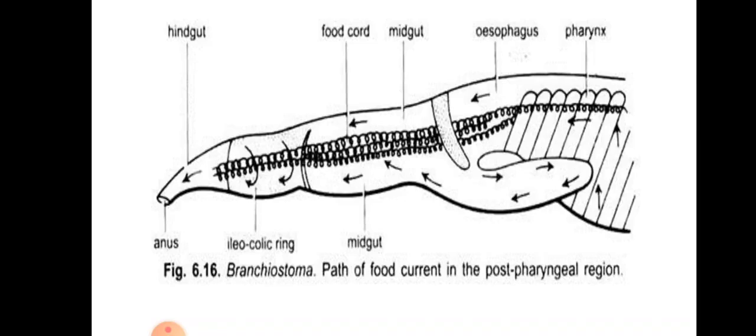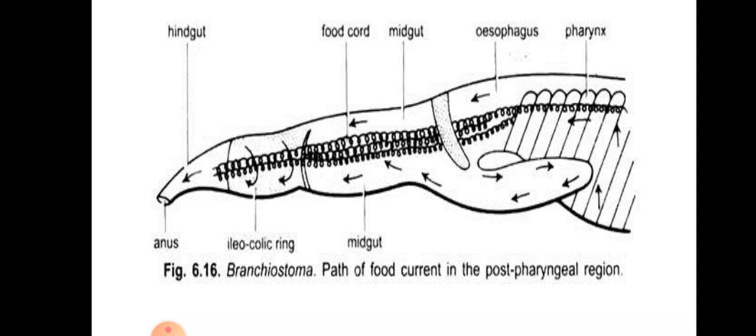In the midgut diverticulum, the process of digestion takes place, and then the food is moved towards the hindgut. And if you see, the lines are represented as spirally twisted ones because that is how the food gets mixed with the help of the cilia.